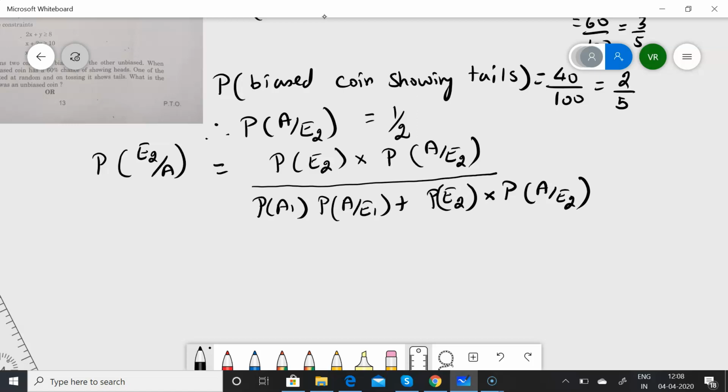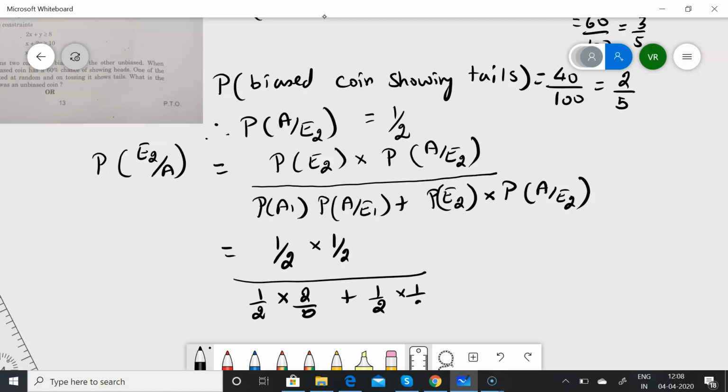Now substituting the values, you get P of E2 is half into P of A given E2 is also half, divided by P of E1 is half into P of A given E1 is 2 by 5, plus P of E2 is half and P of A given E2 is also half.